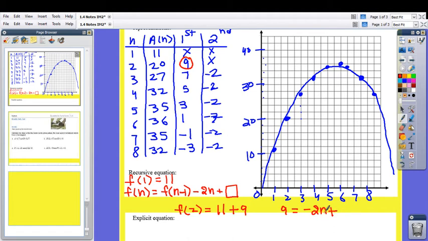Now if you think about it, n is 2 in our case, so we'll do 2 times 2. Okay, so what I get is negative 4. What is it that I should add here so that I get 9? So basically it should be 13. So far what we figured out is it should be 13, but let's check it.